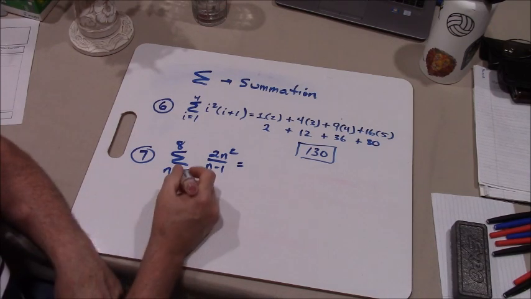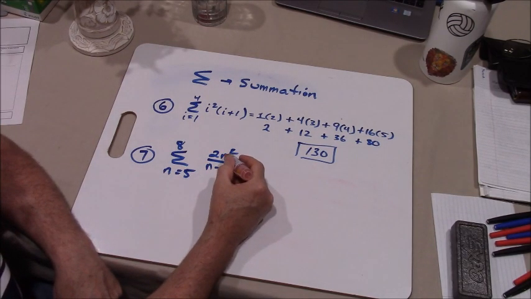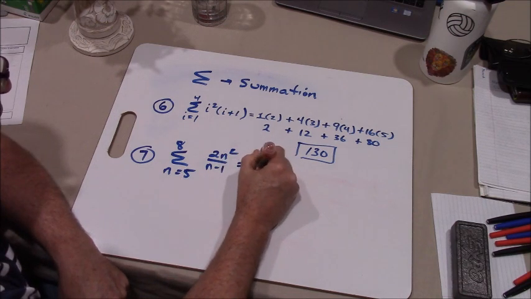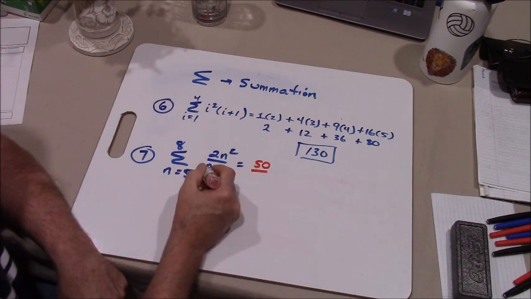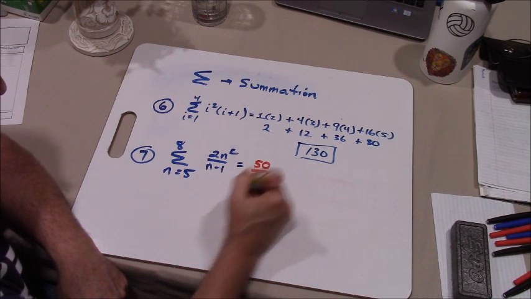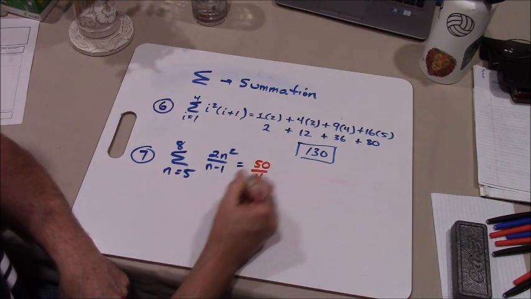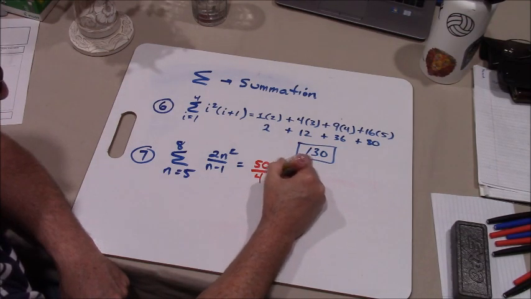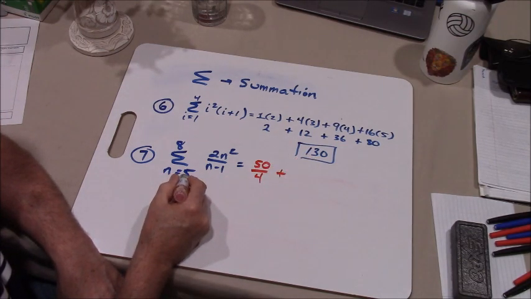Alright, so if I start with a 5 and I plug that in, I'm going to do 5 squared, which is 25, times 2, that's 50, over 5 minus 1, that's 4. And I'll reduce that in a minute. Plus, now I'll let n equal 6.